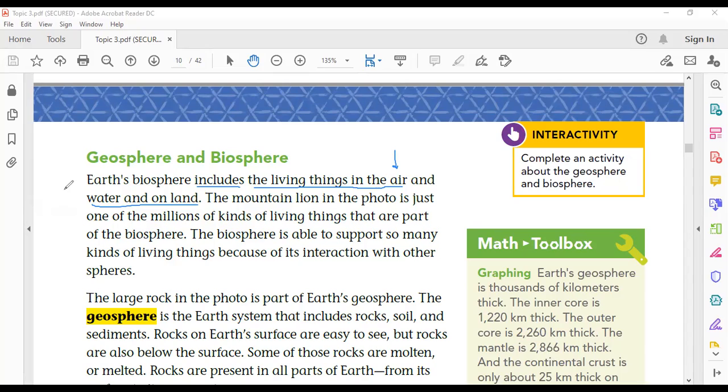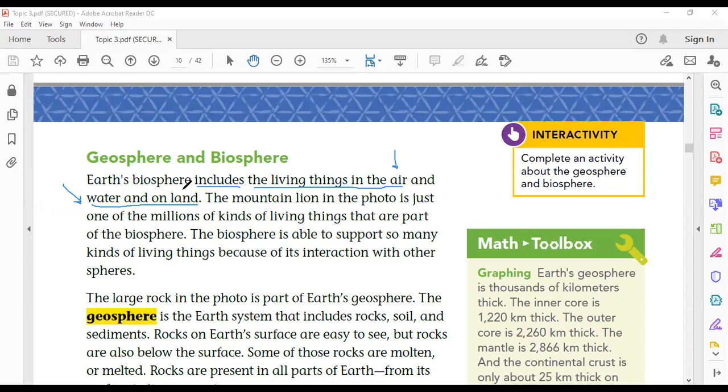Are there living things in water? Of course, in oceans and rivers, there are fish, whales. Many living things live in water. And on land, of course, we live on land. Many animals, or most animals, live on land.